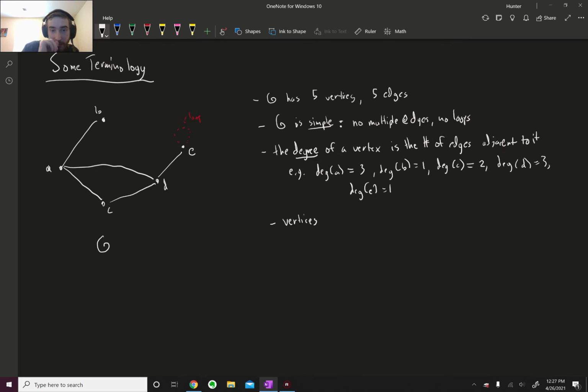And we say the vertices are end vertices if they have degree 1, or an end vertex if we're only talking about one of them. So B and E are each an end vertex in G.